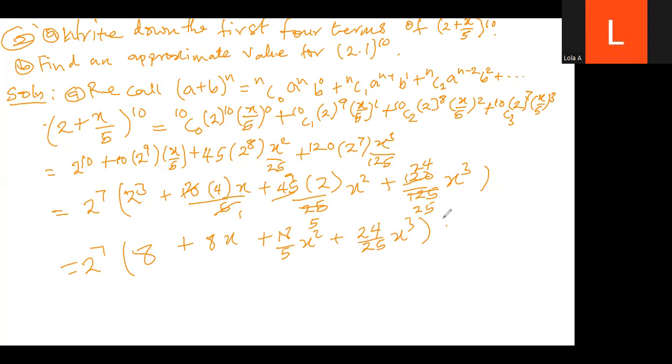So that's the expansion in first 4 terms. So you can write.